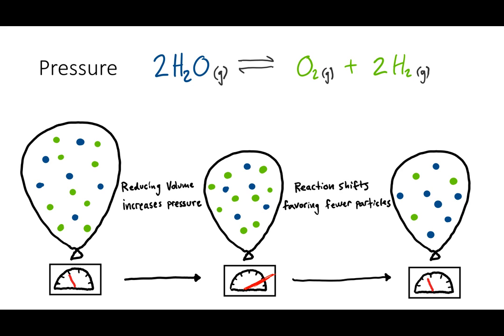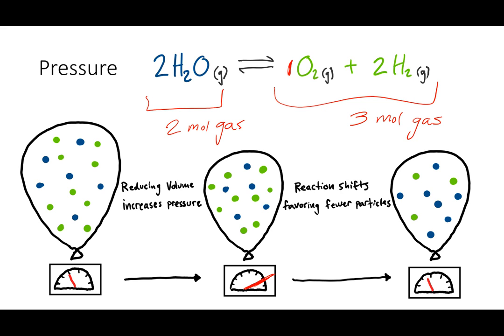Let's look up here at the equation and look at the molar ratios. There's an implied 1 here, so on this side we have a total of 3 moles of gas, and on this side we have a total of 2 moles of gas. So which way would it favor? It would favor the fewer particles, which would shift it back this way toward producing more water vapor.